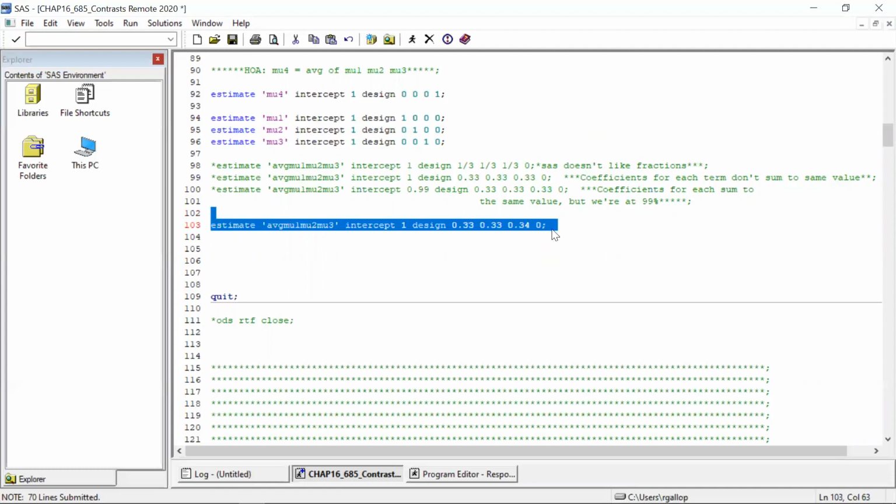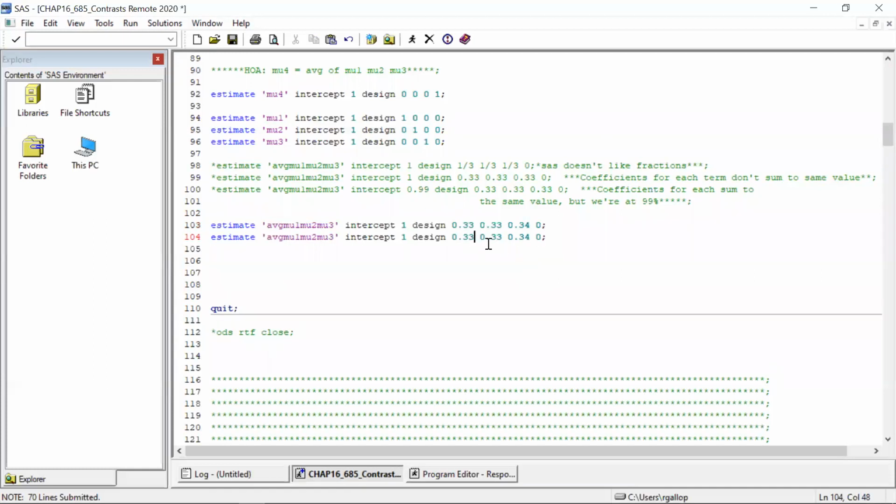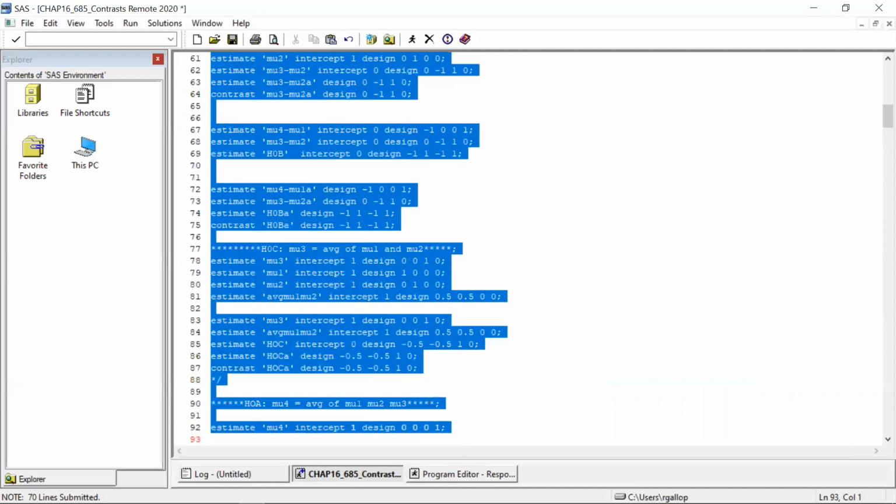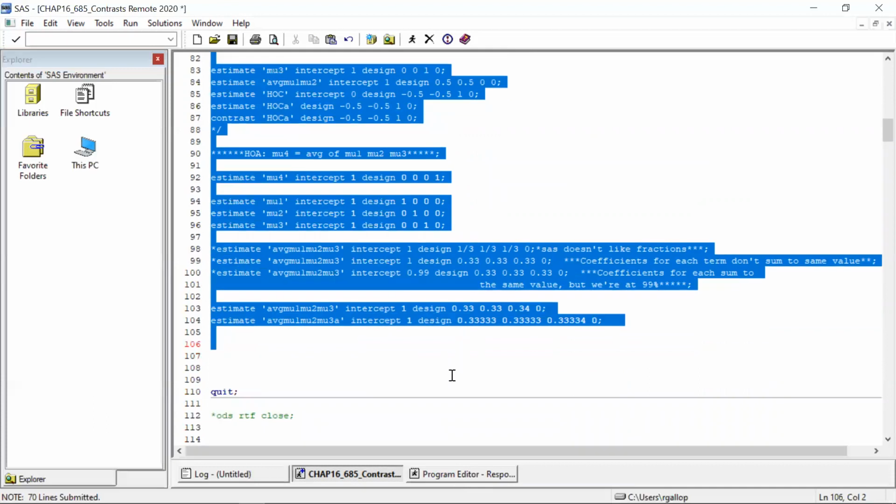Okay, let's make the weights a little bit less noticeable. You can go that way, or actually let's throw another 3 into the mix. We can go this way if you want. And if I go this way, let's run these back to back. So we have these 2 estimate statements back to back.